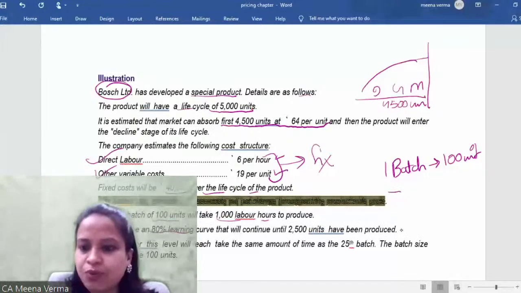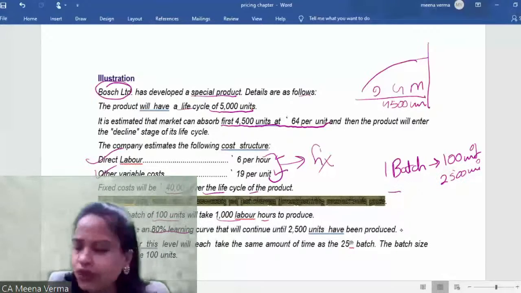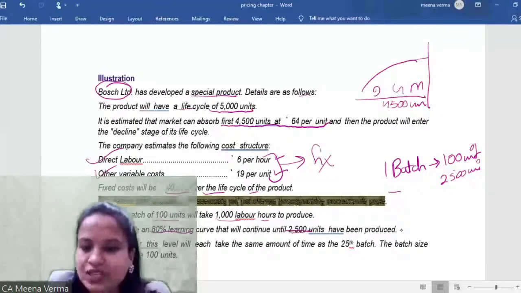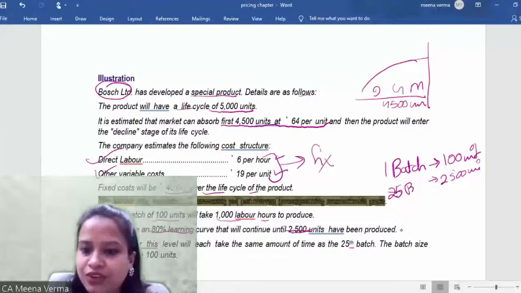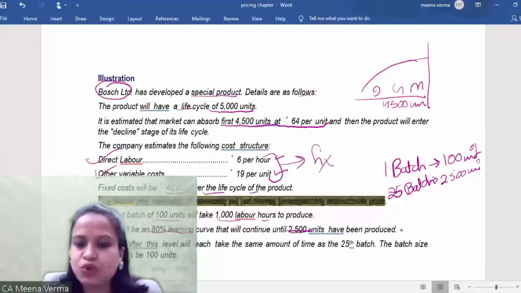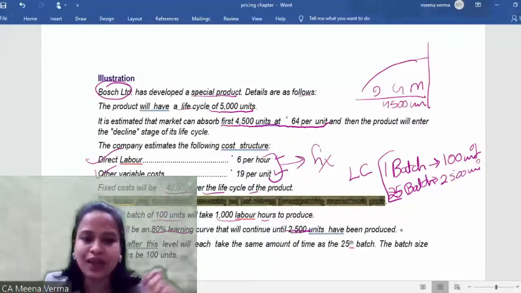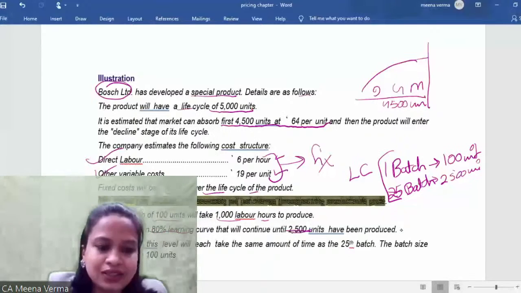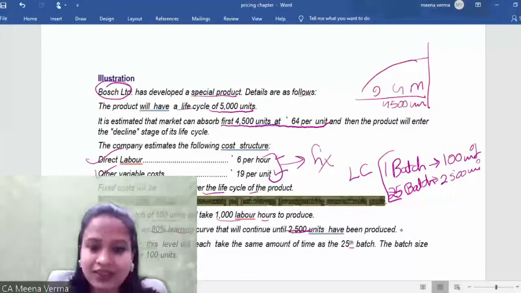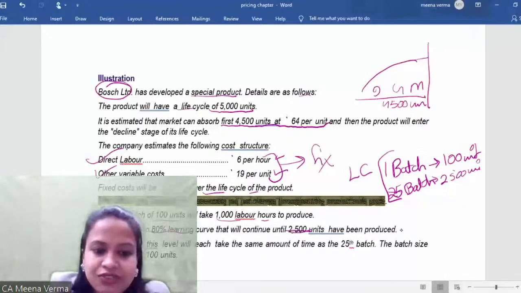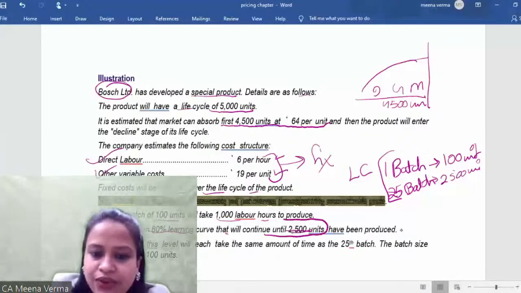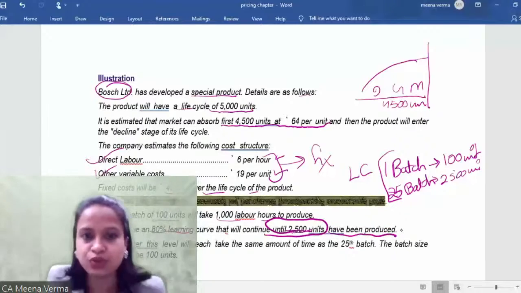So for producing 2,500 units, how many batches can they produce? 25 batches. Up to 25 batches, the learning curve is applicable. Why? Because it is clearly written here that there will be an 80% learning curve that will continue until 2,500 units have been produced.